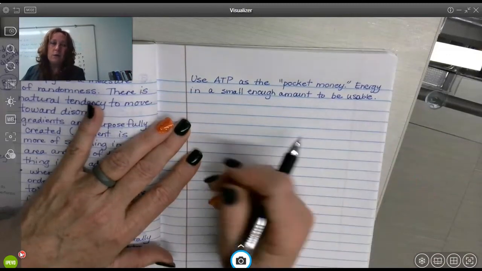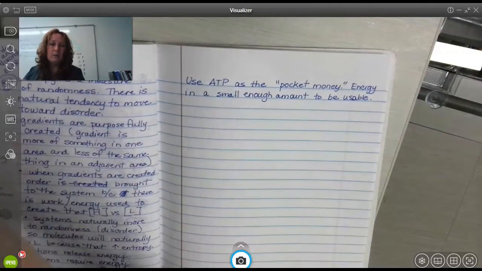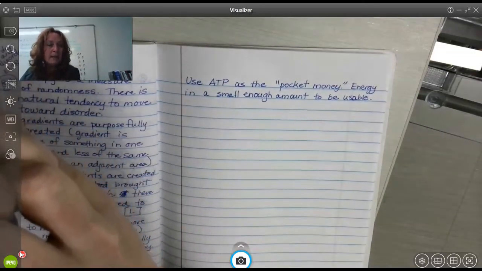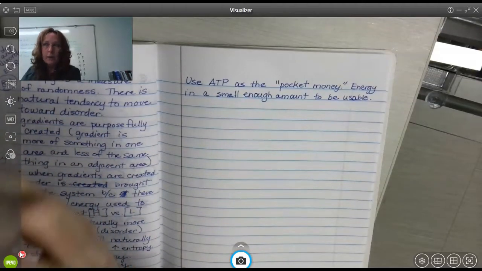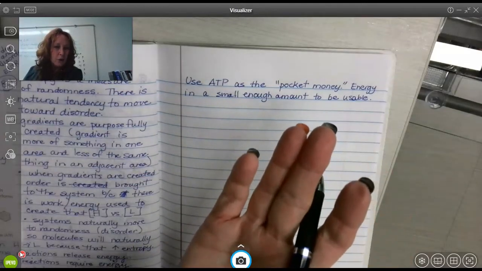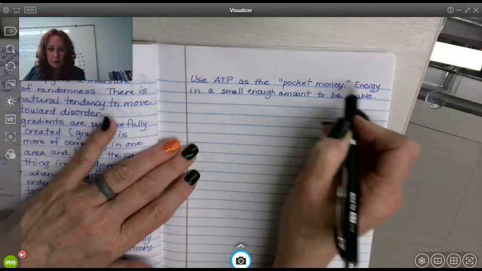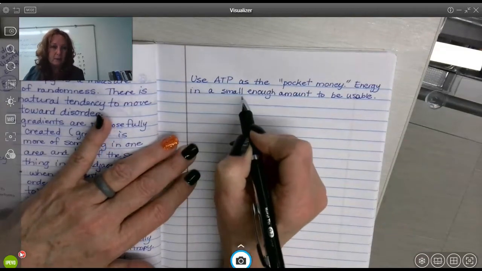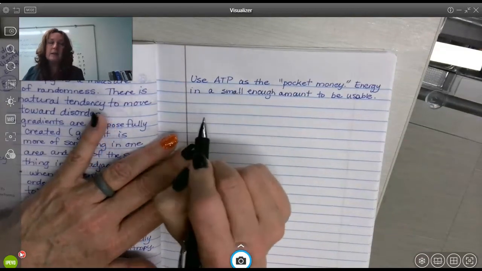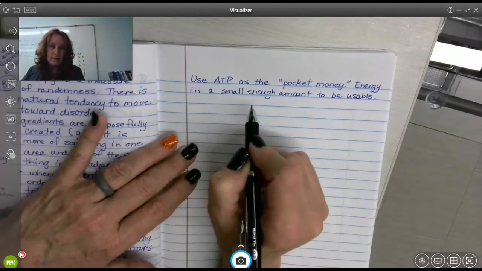All I really wanted was a Coke. It's $1. Do I really want to take my chunk of money that is all in one thing of $1,000 to like waste it for $1 for a Coke? Of course not. So you have to have your energy in spendable amounts. ATP is the perfect spendable amount. It's the currency of the cell.